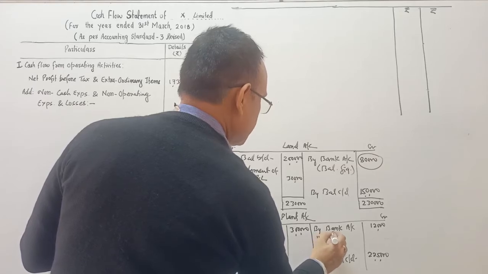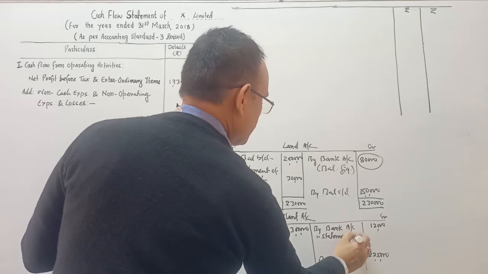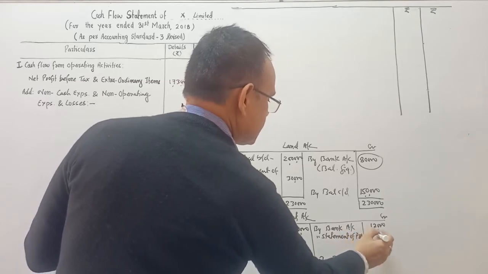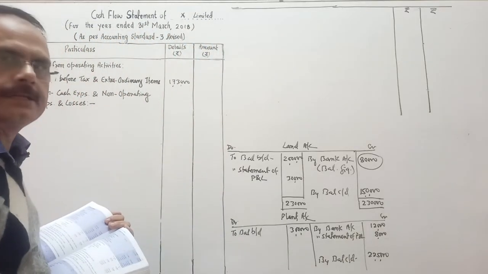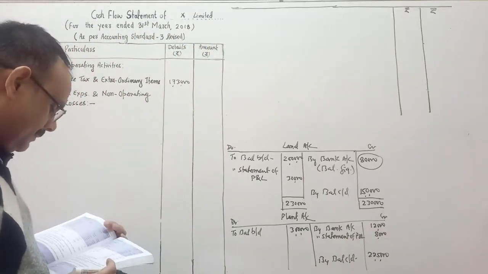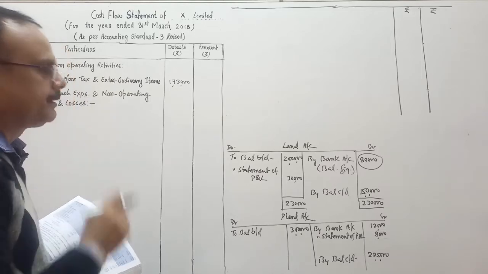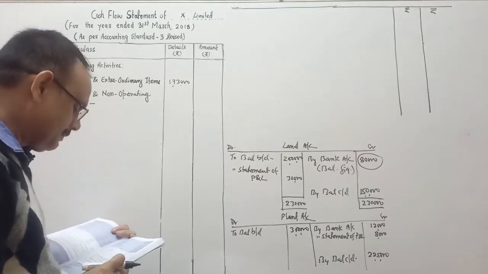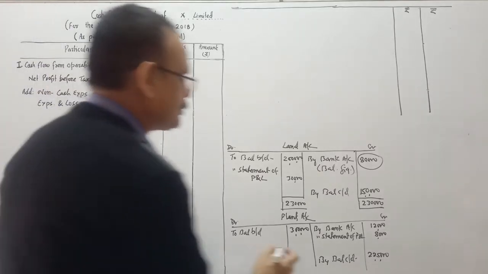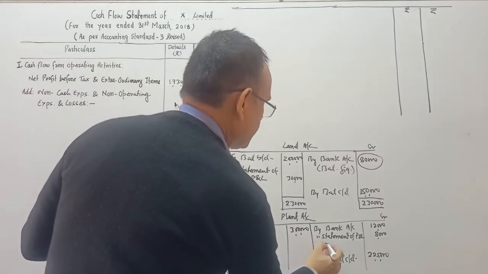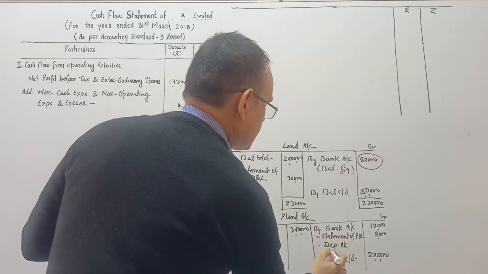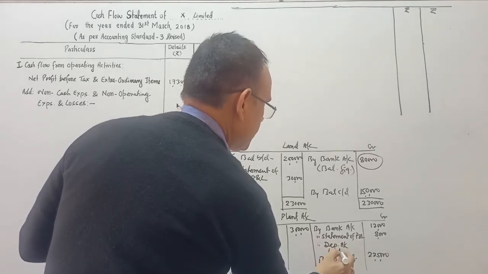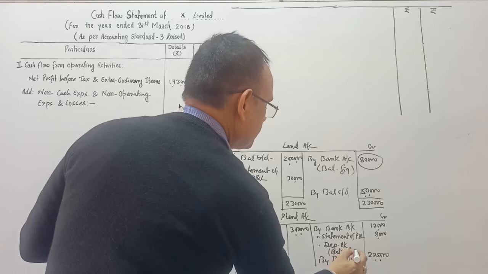This loss will be transferred to the statement of profit and loss, 8,000. So the difference will indicate the depreciation charged on plant during the year. This will be the balancing figure.